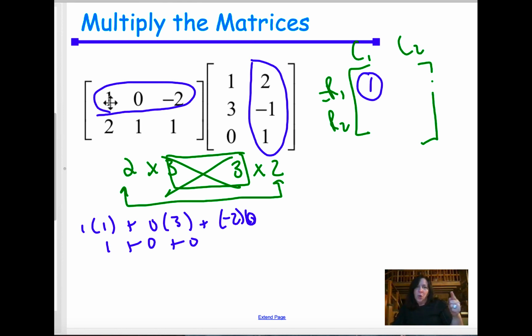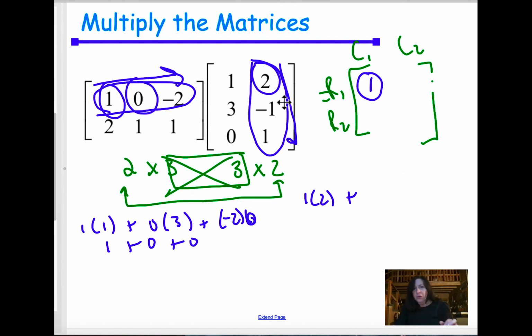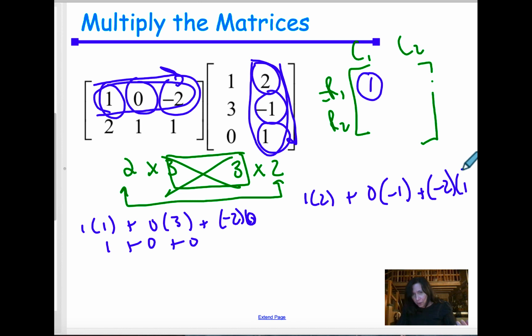So we're going to go 1 times 2 plus 0 times negative 1 plus negative 2 times 1. So for this spot, which is row 1, column 2, I have 2 plus 0 minus 2. That's 0.